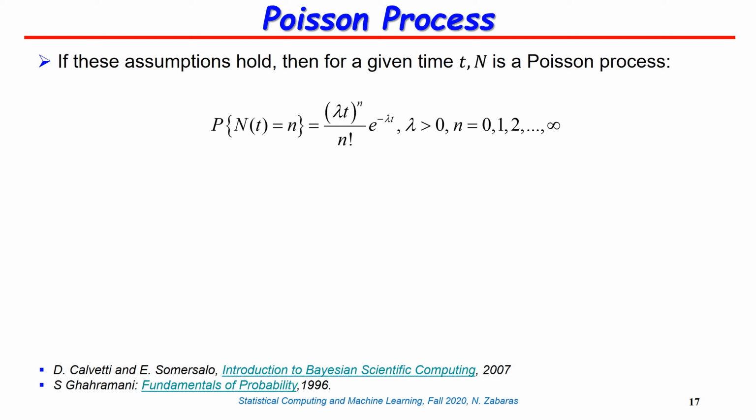If you want, read it, and if you follow the previous slide and the three assumptions, then those lead to a Poisson process, and the PDF for n follows this nice form where lambda is a positive parameter that defines this Poisson process.